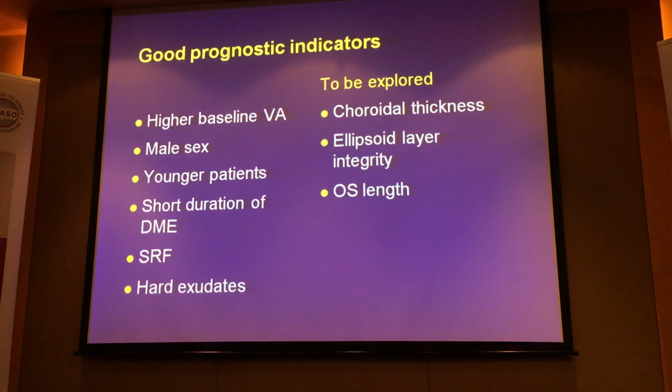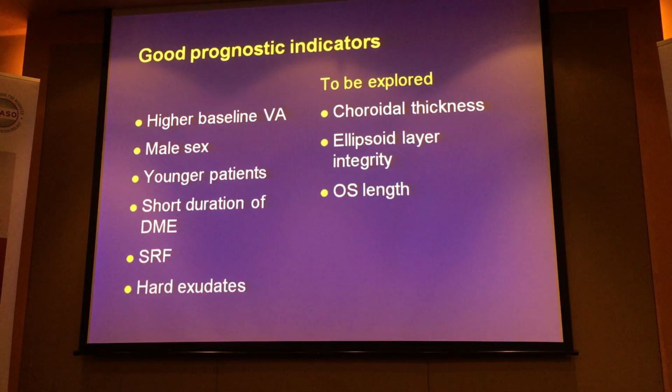Male, that one I don't know why. Younger patients, makes sense. Shorter duration of DME also makes sense. Subretinal fluid, that's counterintuitive. I thought that subretinal fluid would be a poor prognostic factor because we tend to see it in very chronic DME and more ischemic DME.